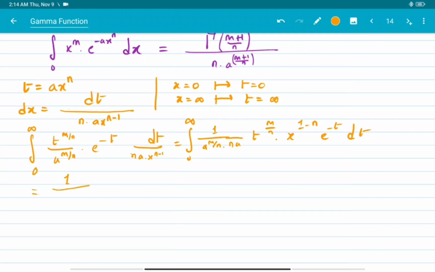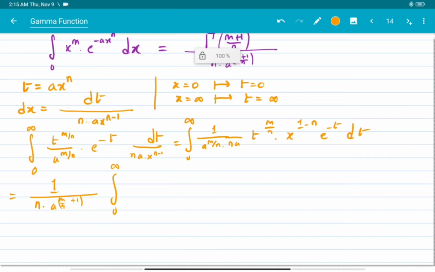So 1 over n times a to the power m over n plus 1. Let's write it in a clearer way, and write this integral from 0 to infinity. I'll ask you to cross-check this, because maybe I could be wrong.